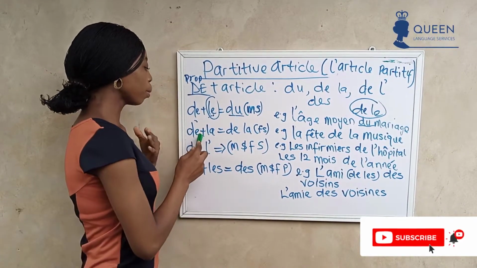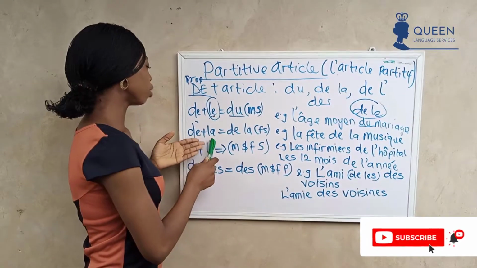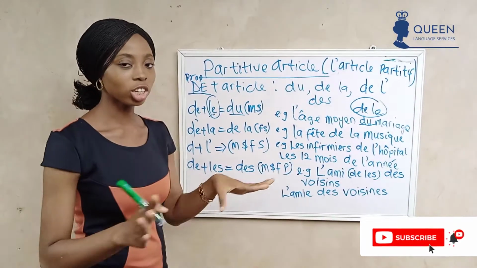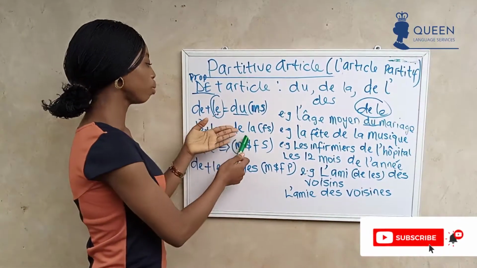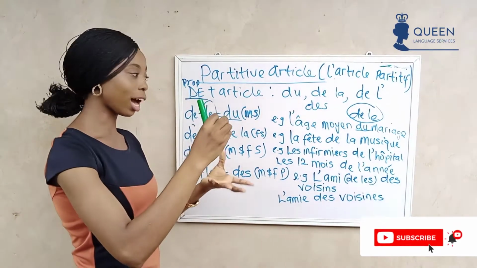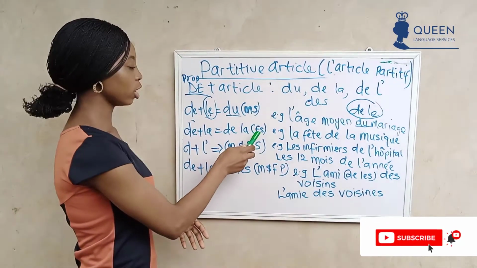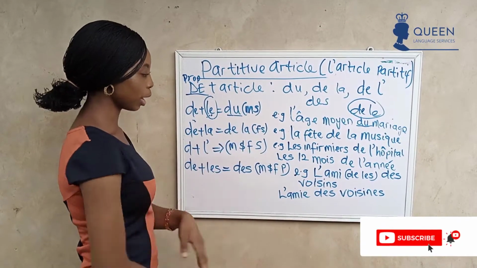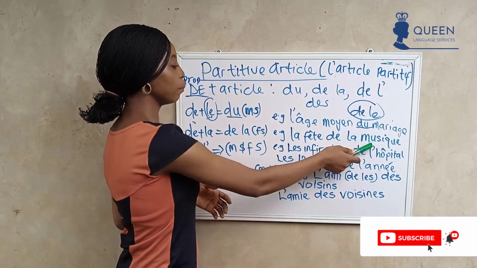We have de plus la. In French language, when we have de plus la, it doesn't change. It remains that way. It is of a feminine gender and in singular form, so the abbreviation here is FS, that is feminine singular. We have an example like la fête de la musique.